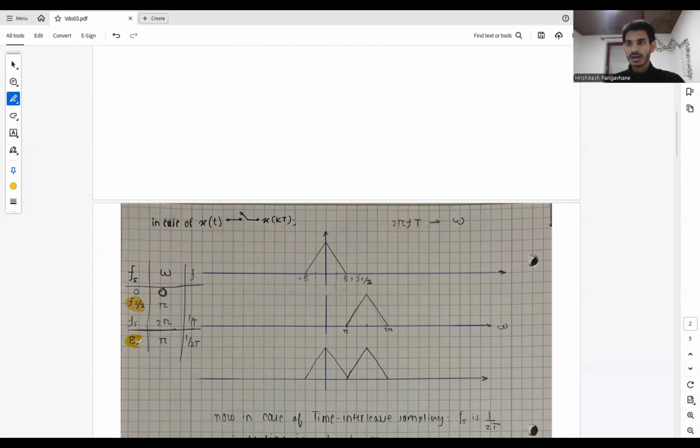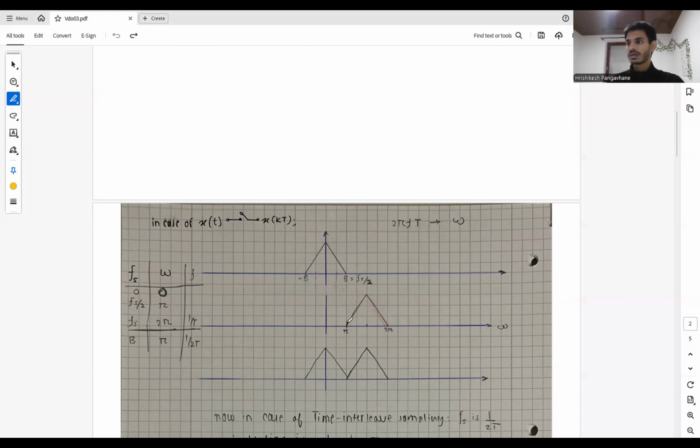So that's where our bandwidth lies, basically. If we say that we have a spectrum with bandwidth B, and this is basically fs by 2, which is sampling frequency by 2, then we scale it to this value.